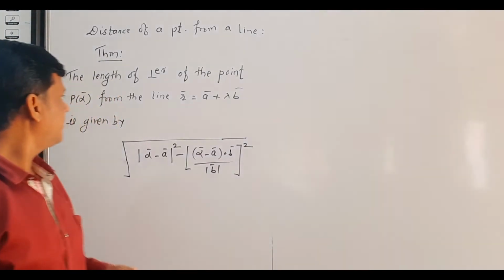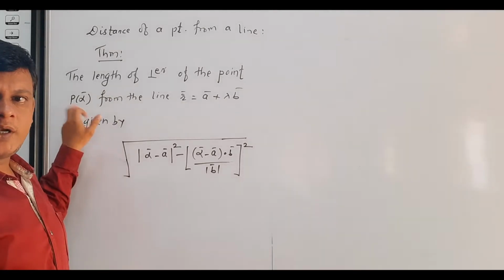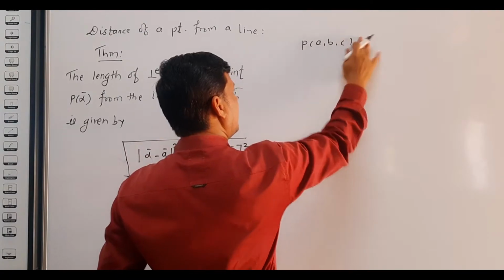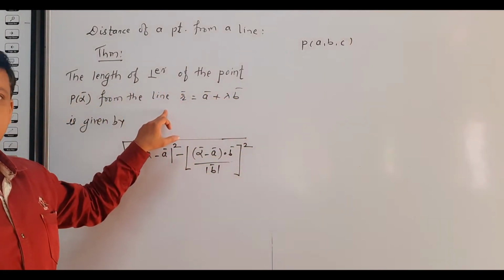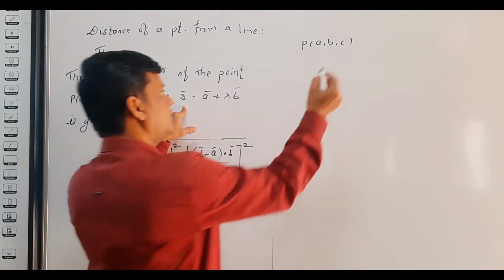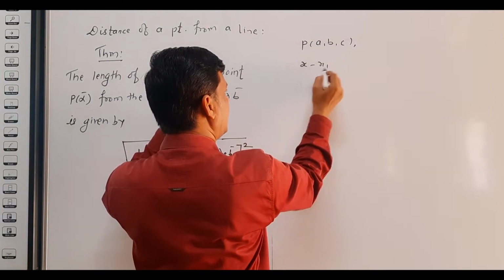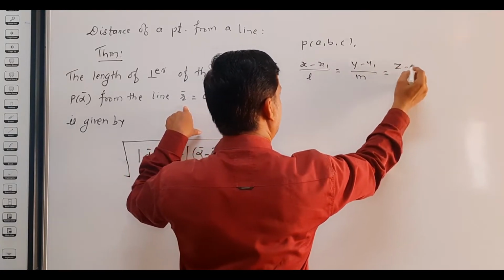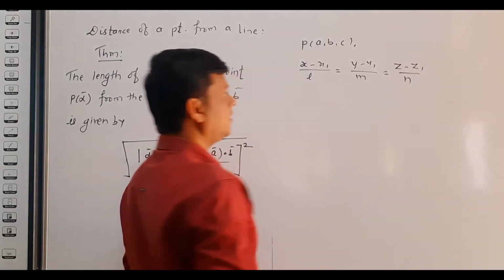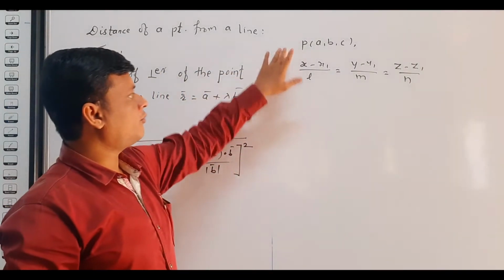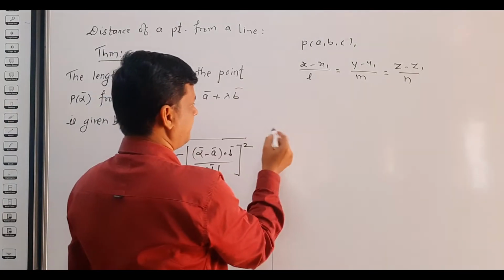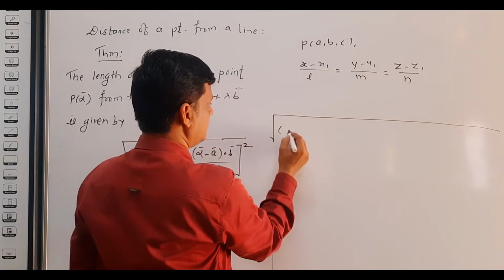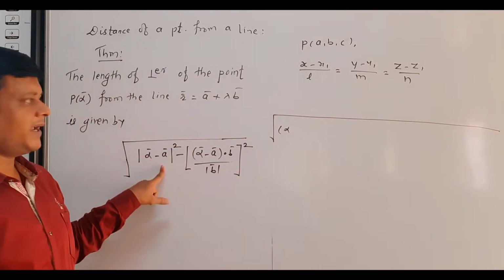Now if instead of the position vector of point P, its coordinates are given as P(a, b, c) and the equation of the line is in Cartesian form, (x minus x1) upon l equals (y minus y1) upon m equals (z minus z1) upon n, then the distance of this point P from this line is given by alpha bar minus a bar.